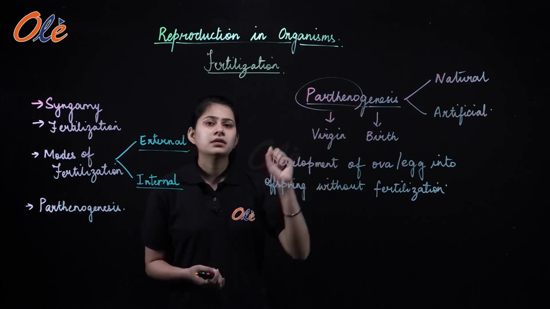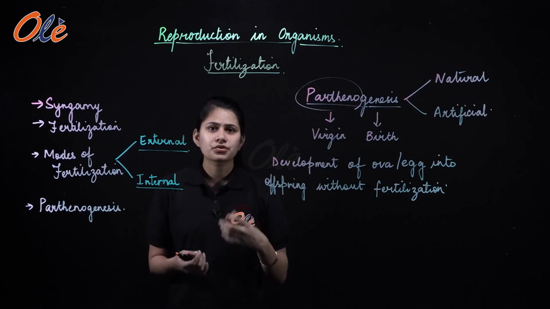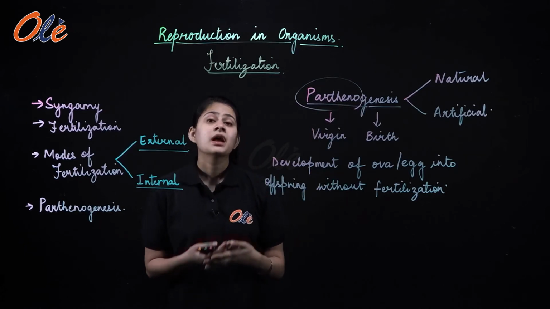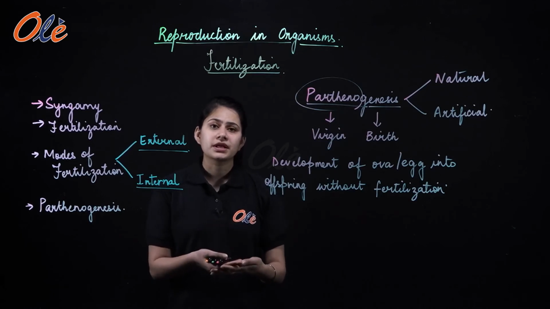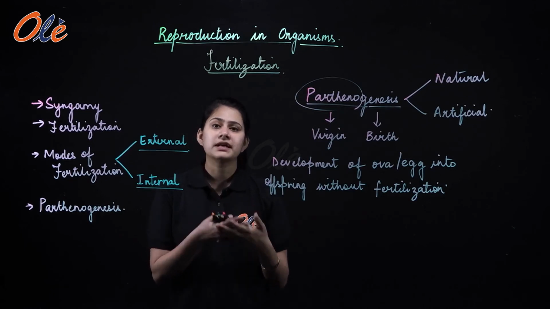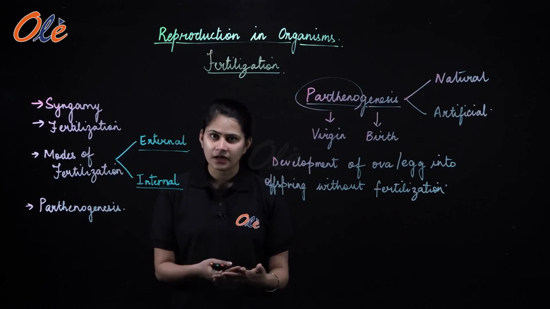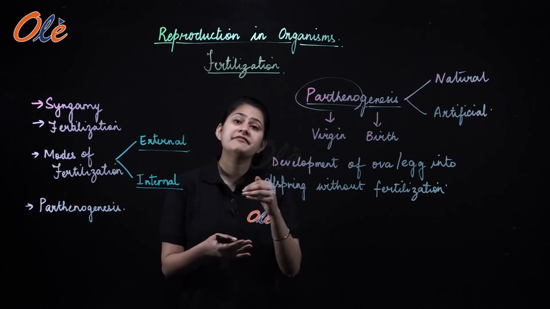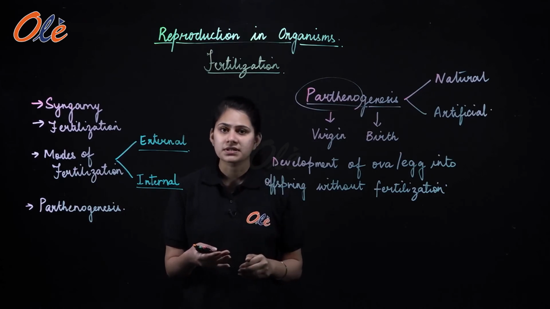Look, here we already know about rotifers, we know about aphids. You know about lizards. There is a species of lizard by the name of Lacerta saxicola americana, right? This particular species has only females as its members, right?